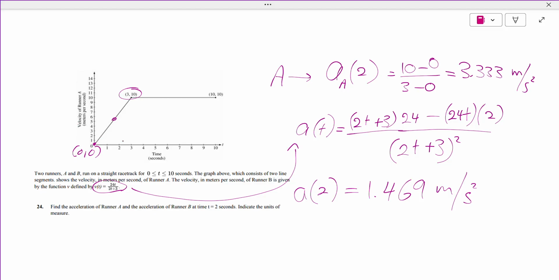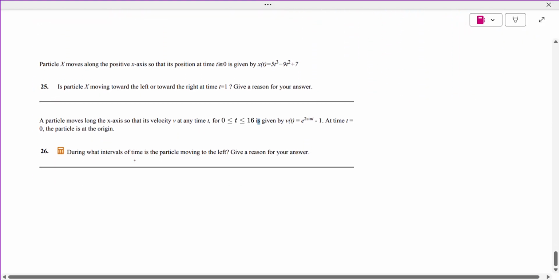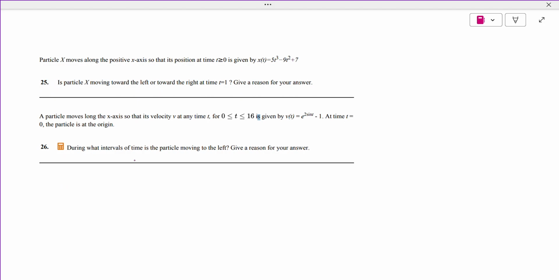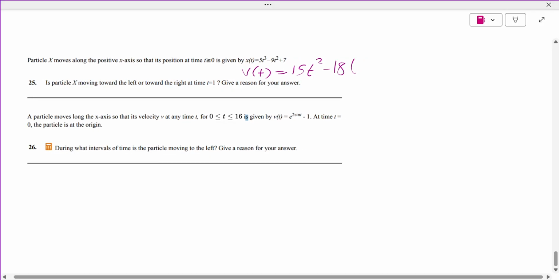Question 25 and 26. Is the particle moving toward the left or the right at t equals 1? Well, let's find v of t, which is given by 15t squared minus 18t plus 0.